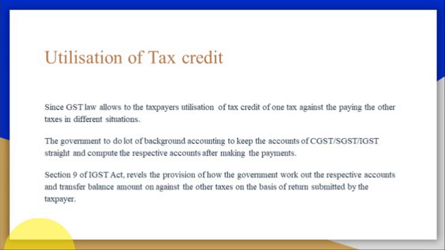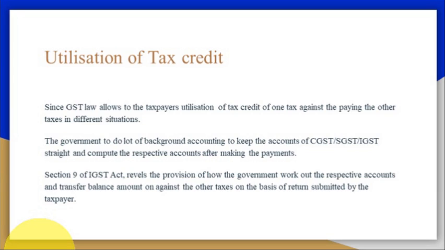That is the reason there were too many cascading effects on the taxpayer. Now the government does a lot of background accounting to keep the accounts of CGST, SGST and IGST straight and compute the respective accounts after the payments are made.